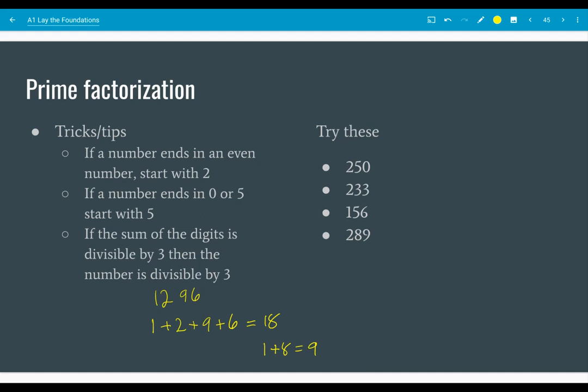So that tells us that 1296 has a multiple of 3 in it, and we saw on the previous page that indeed it does. Okay, so use these tips and tricks and try these 4. Pause the video here and try these 4 in your notes. If you have any questions, make sure you bring them to class.